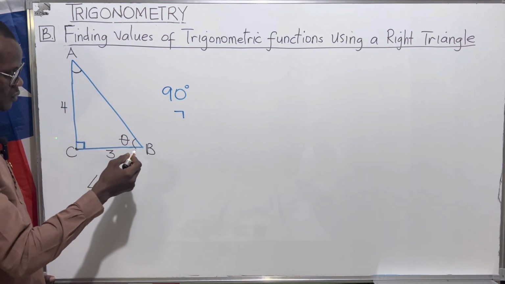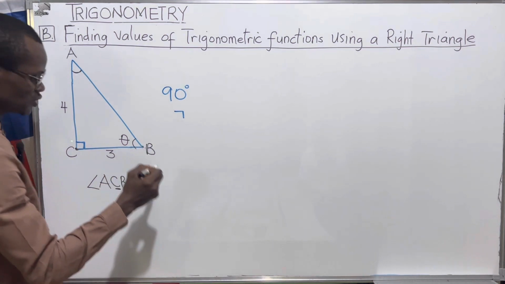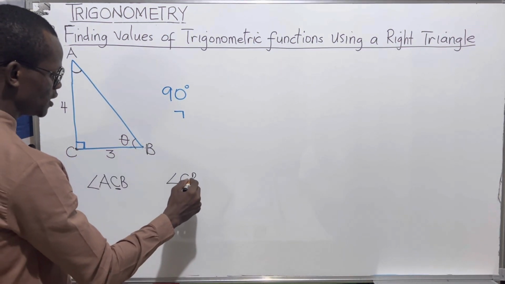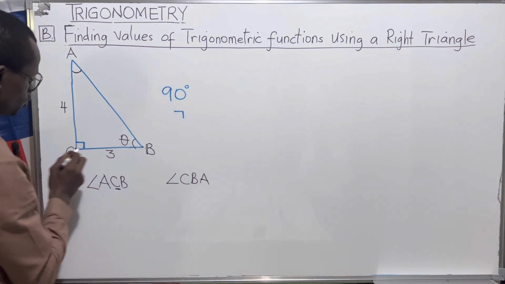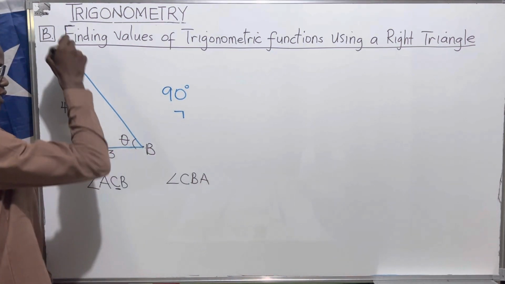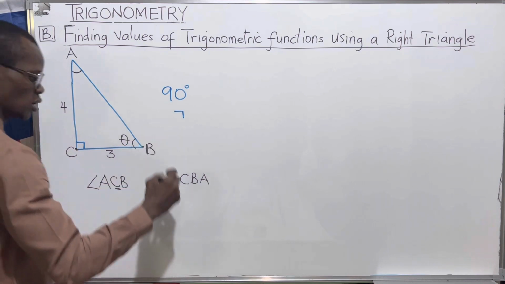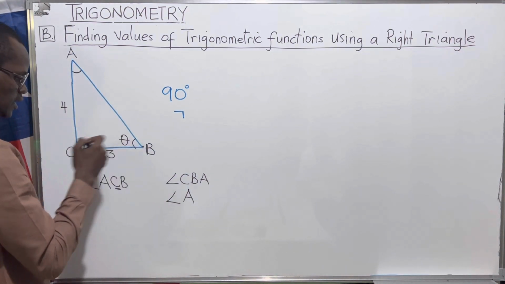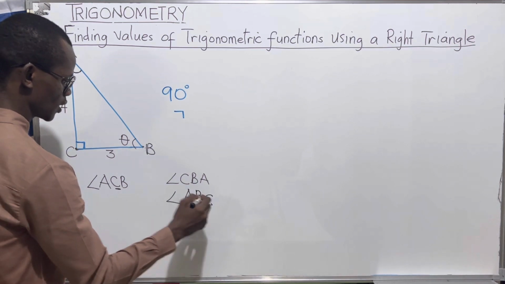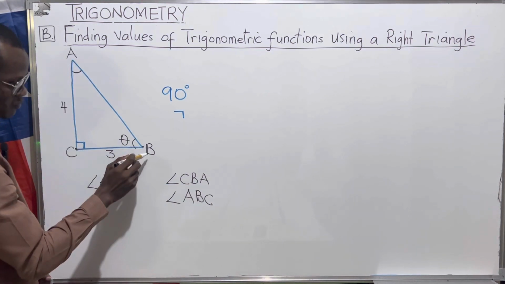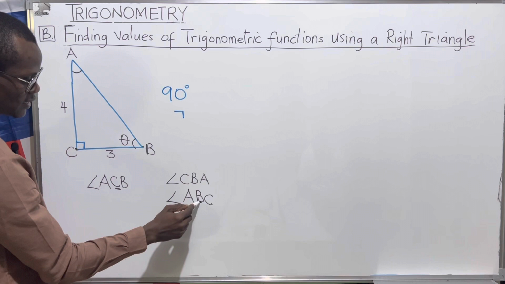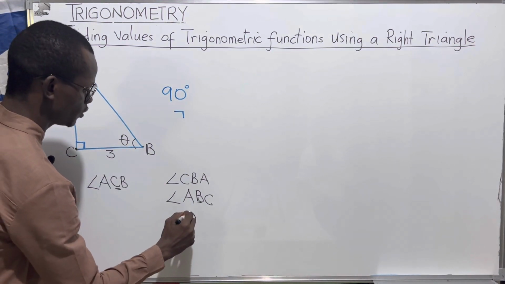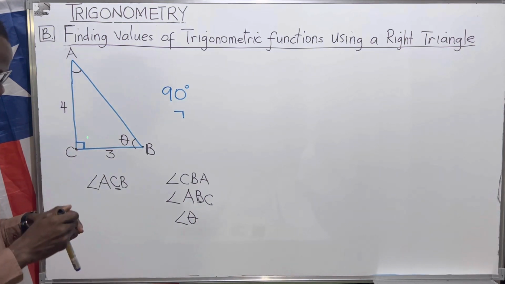So if we want to name this angle B, we will say angle CBA. So it is this angle we're referring to. We could also say angle ABC. We're still referring to this particular angle because it is in the center. We could also call this angle theta.